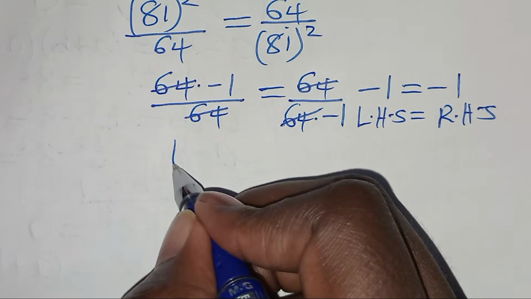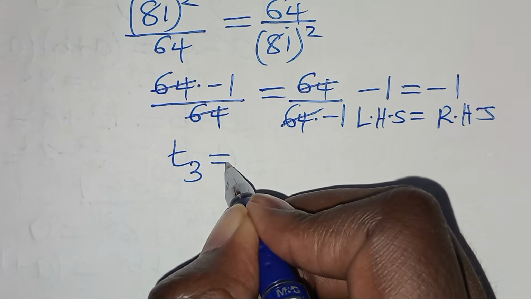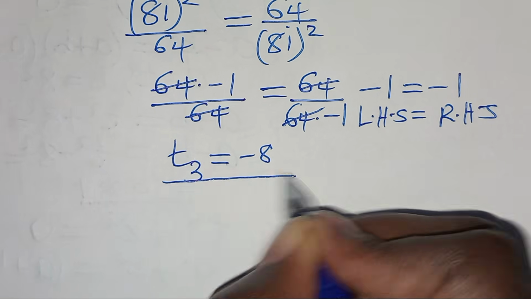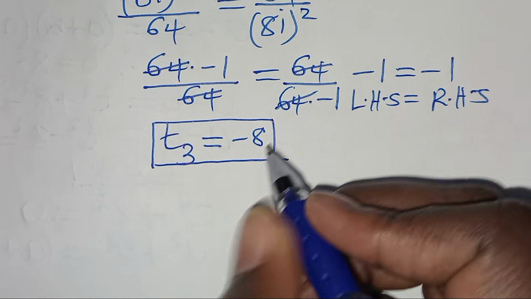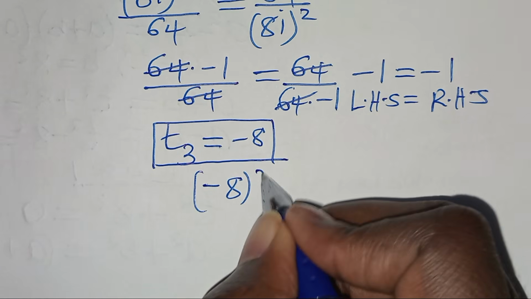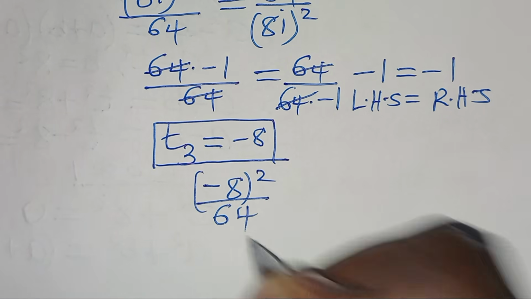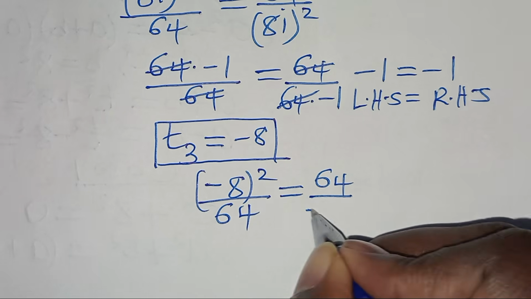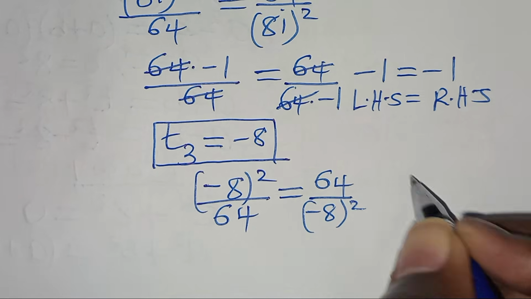Let's proceed to t3. t3 from here is the same thing as minus 8. Substituting this here, we have minus 8 squared divided by 64, which is equal to 64 over minus 8 squared.